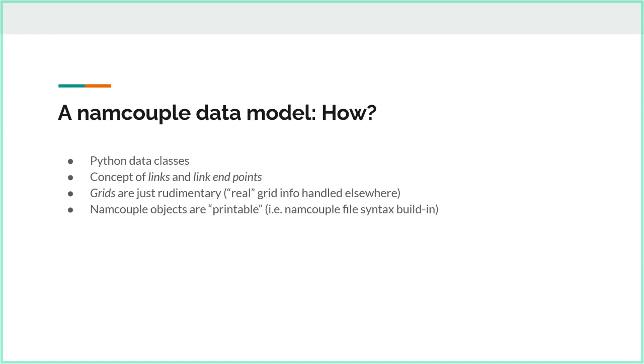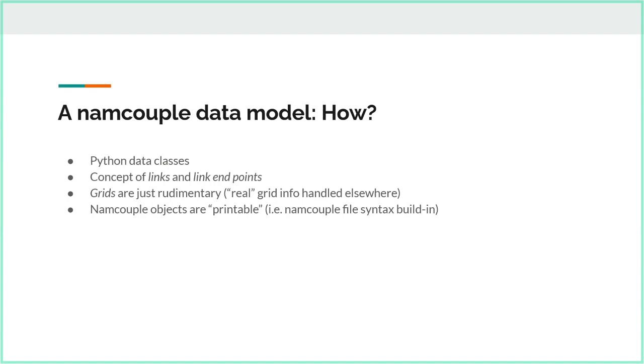Just think of an object-oriented representation of the NumCouple file. To do that, we invented the concept of links, which is a combination of a source, a target, and the regridding method. Those have endpoints, and we'll see that on the next slide.